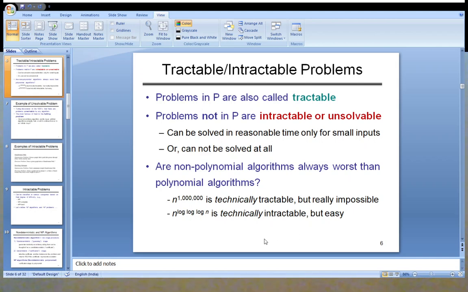That is technically tractable but impossible, because if it is taking so much time, then it is not practically feasible. While a non-polynomial problem like n raised to the power log n is technically tractable and easy. So we cannot say just by polynomial and non-polynomial which one is better, because it will depend on the particular problem.